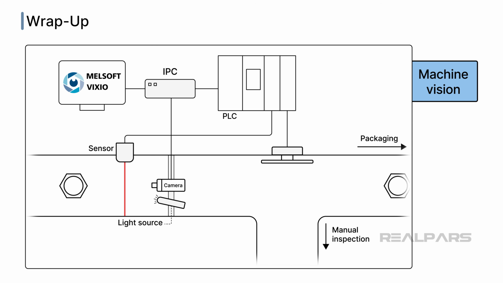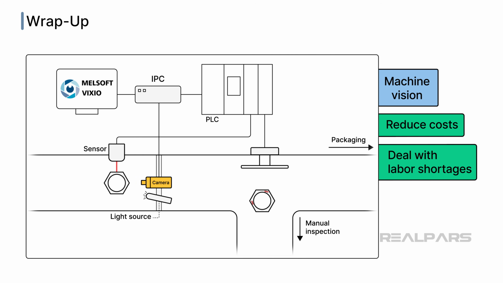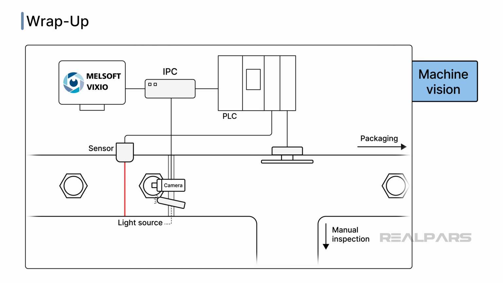In this video, you have learned what machine vision is, how a machine vision system works, and the advantages of machine vision over manual inspection. In the modern economy, more and more companies are facing pressure to reduce their costs and deal with labor shortages. One way they are doing this is by deploying machine vision systems to perform automated visual inspections on their production lines.